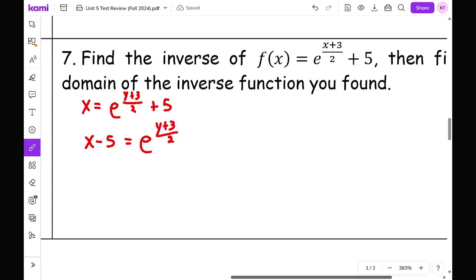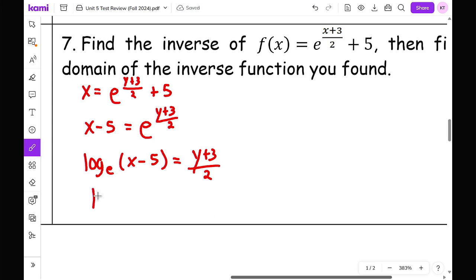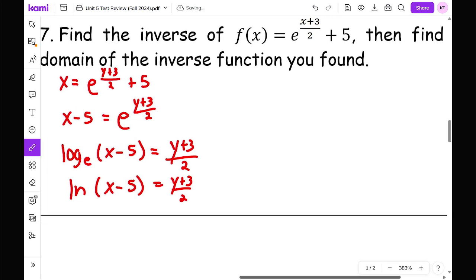I'm now going to convert this to a log. So I'll have log base e of x minus 5 is equal to y plus 3 divided by 2. And again, a log of base e is the same thing as a natural log, so I can change that there. Then I want to go ahead and get y by itself.